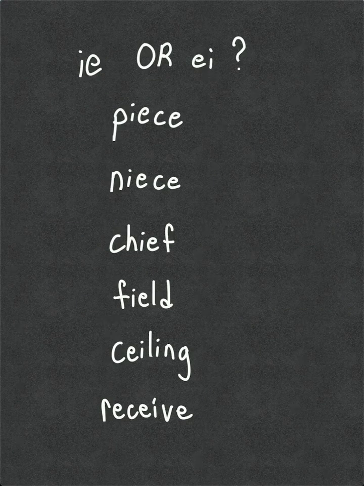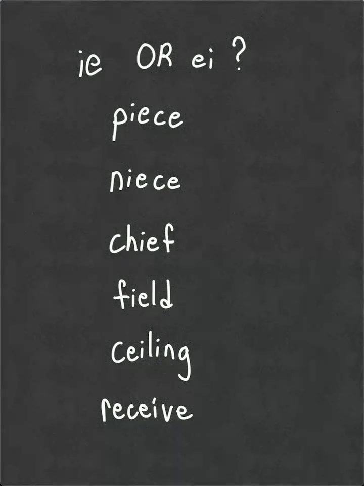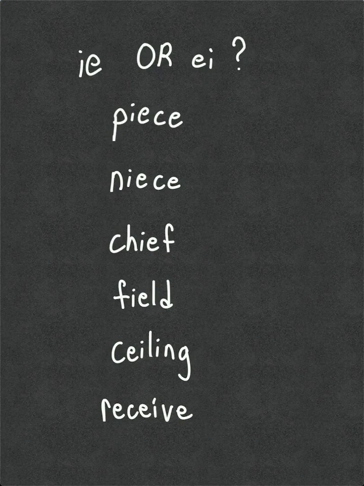Now we get to a big one. Is it IE or EI? Take a look at these words: peace, niece, chief, field, ceiling, and receive. So we have a combination of words both with IE and EI. And what do we notice when we bring our attention to the word see?